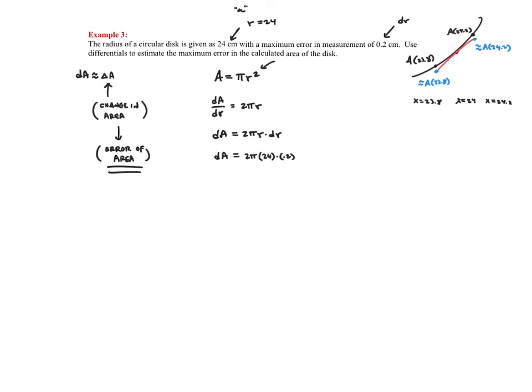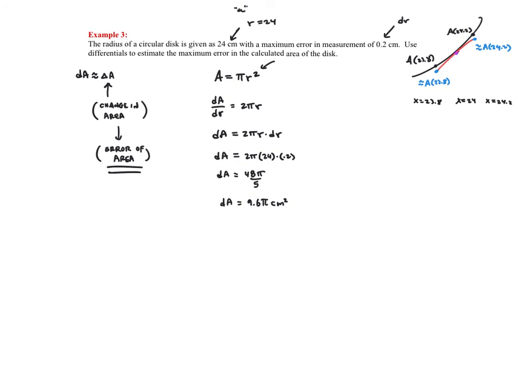Okay, so 2 times 24 is 48. So it would be 48 pi over 5. What does that come out to be? Is that 9.6 pi? 9.6 pi centimeters squared.